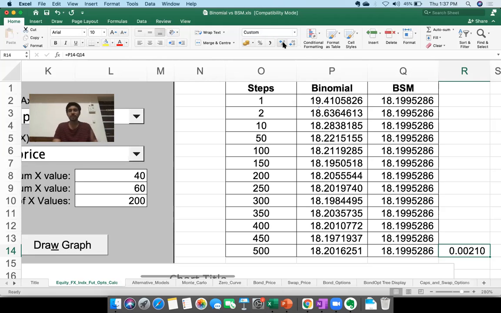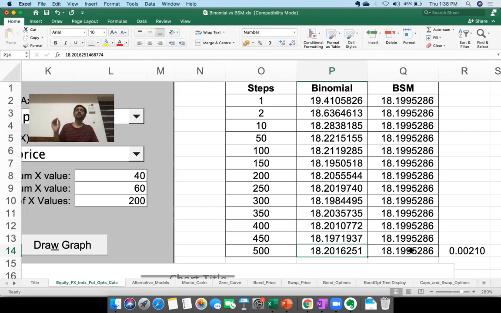Which means as the number of time steps in a binomial model keep increasing, the value under the binomial model converges to the Black-Scholes model. Black-Scholes is doing nothing but what the binomial model did, the only difference being the number of time steps in Black-Scholes is infinite. It considers that the number of time steps is infinite, which also means the possible share prices are a huge range of values.